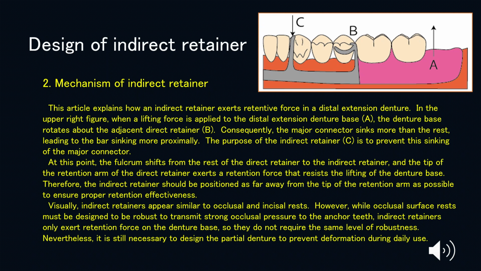Visually, indirect retainers appear similar to occlusal and incisal rests. However, while occlusal surface rests must be designed to be robust, to transmit strong occlusal pressure to the anchor teeth, indirect retainers only exert retention force on the denture base, so they do not require the same level of robustness.